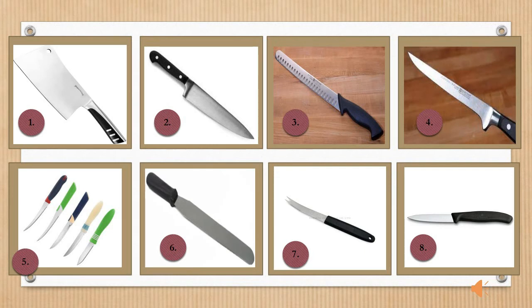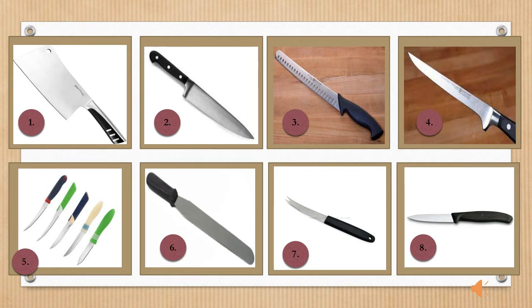Number 4, boning knife. This is used to debone raw meat and fish. Number 5, fruit and salad knife. Use it when you are preparing salad, whether it is a vegetable or fruits. Next, spatula.